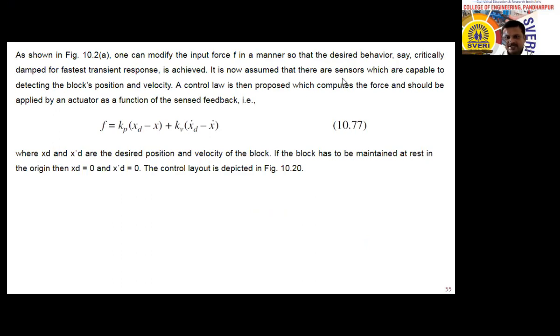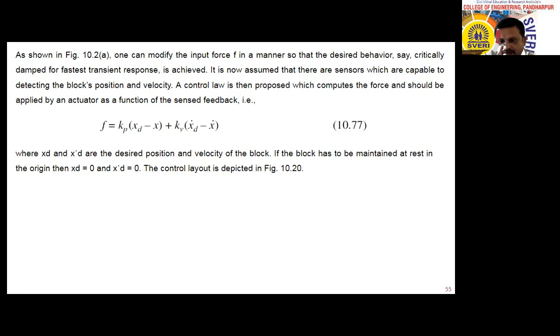It is now assumed that there are sensors capable of detecting the block's position and velocity. A control law is then proposed which computes the force that should be applied by an actuator as a function of the sensed feedback, that is F is equal to Kp into (xd minus x) plus Kv into (xd dot minus x dot), equation 10.77, where xd and xd dot are the desired position and velocity of the block.